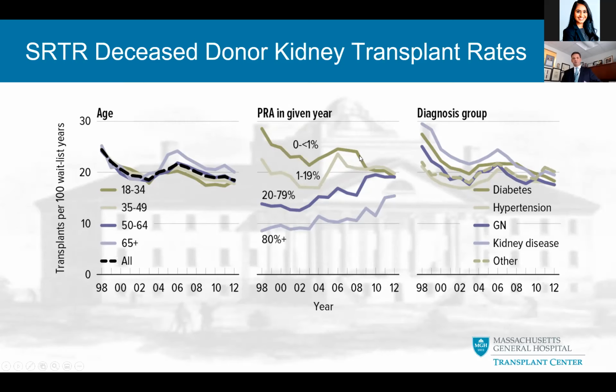Patients, as many of you know, get sensitized by having prior transfusions, prior organ transplant, or women by having multiple pregnancies. This is a situation where the patient becomes more sensitized. They have a higher PRA. So a patient who has a PRA of 80%, what that means is that 80% of kidneys available do not suit them and cannot be transplanted into them, and only 20% can. So these are tougher to match patients, and they're essentially getting transplants at a lower rate compared to others.